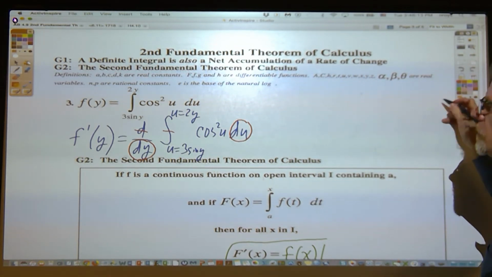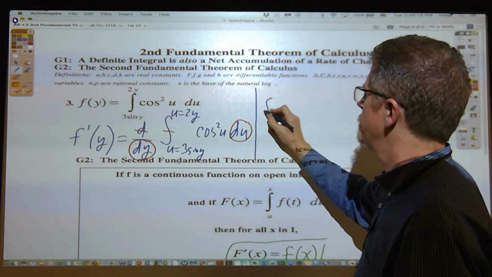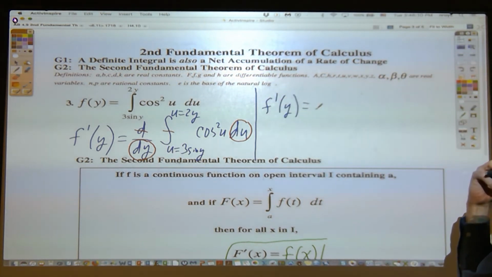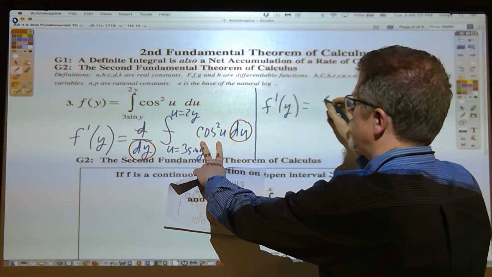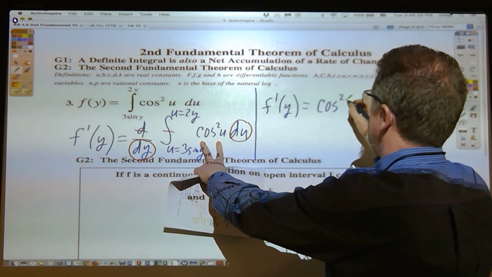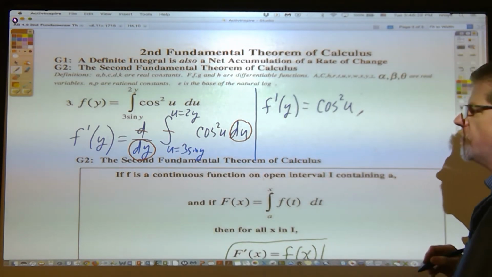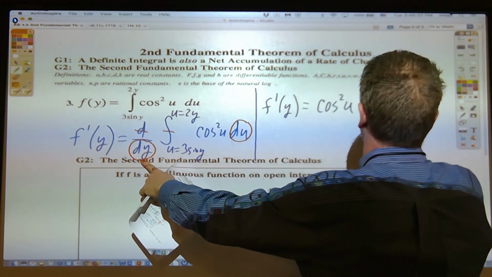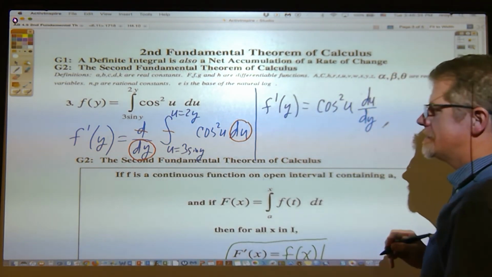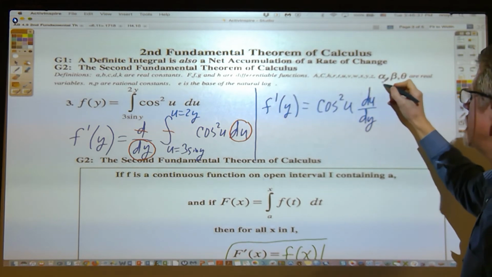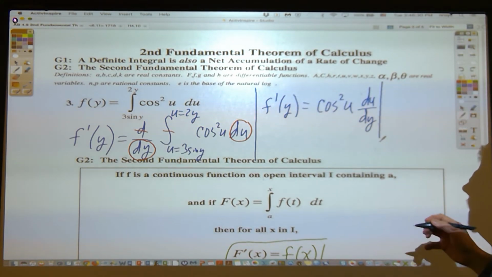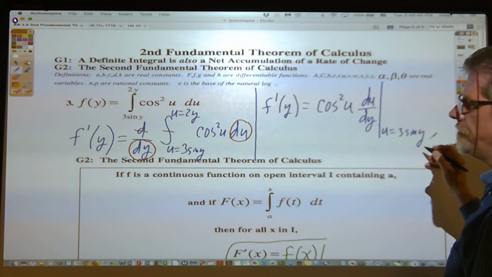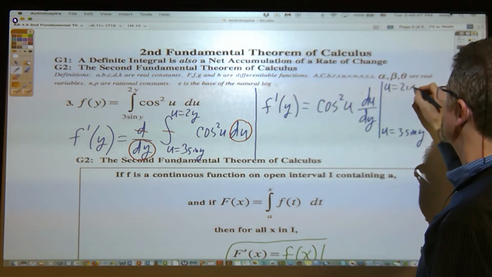So my next move is to write f prime of y equals, well, cosine squared u, that survived the epic battle, cosine squared u times du over dy, evaluated from u equals 3 sine y to u equals 2y.